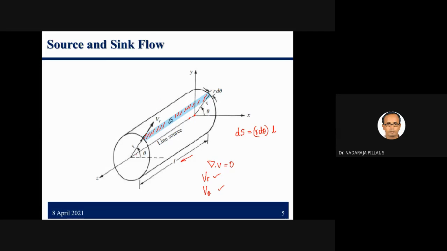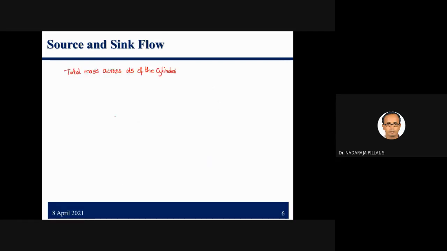So we know that the source is emanating, right? Now we are trying to calculate the total mass across the area dS of the cylinder. In order to calculate the total mass, we should have an elementary mass flow.